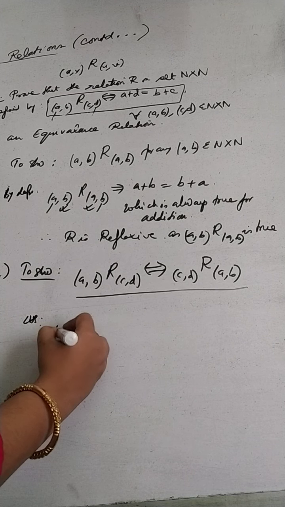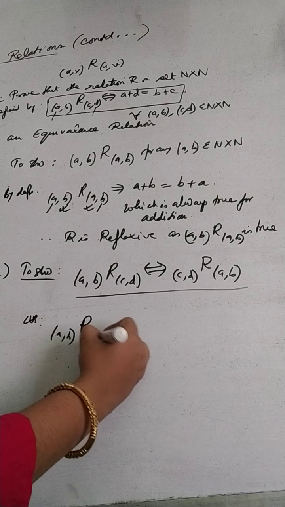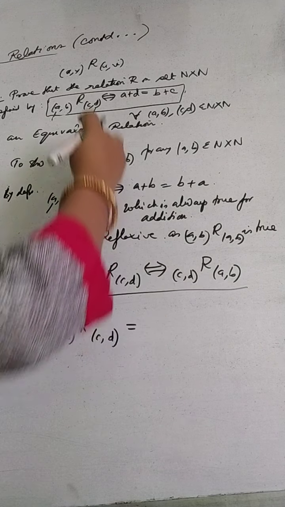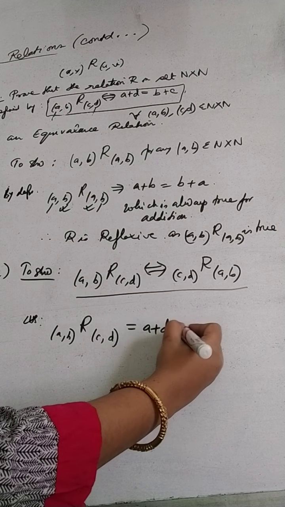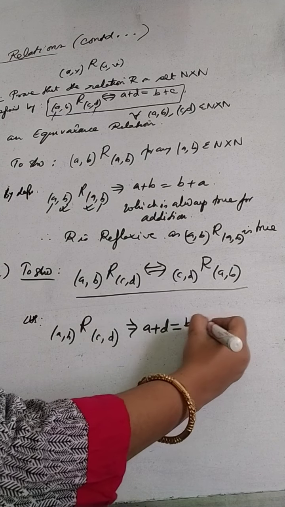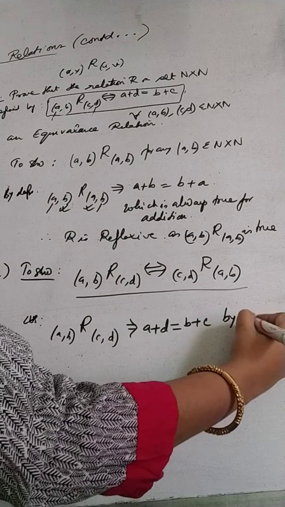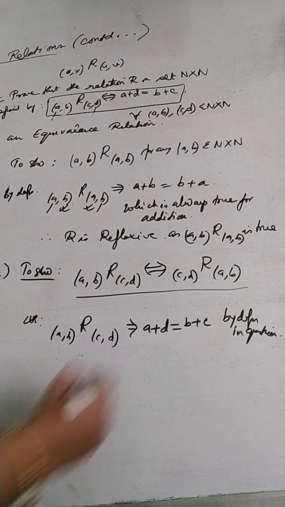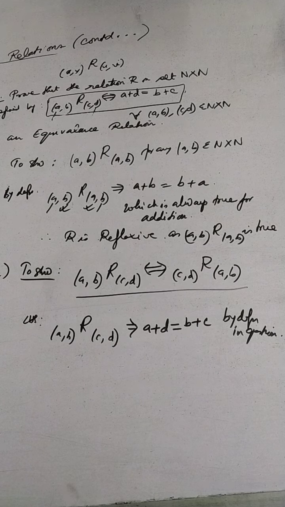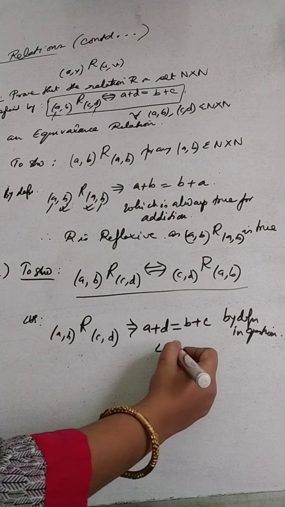If I consider AB which is related to CD, what does it mean? It means that A plus D is equal to B plus C by definition in the question. We gave it an equation number.